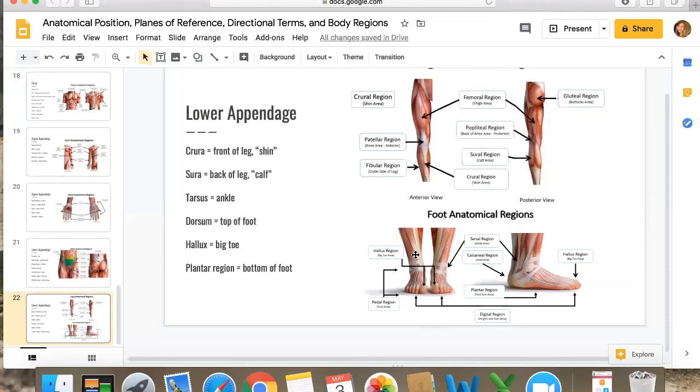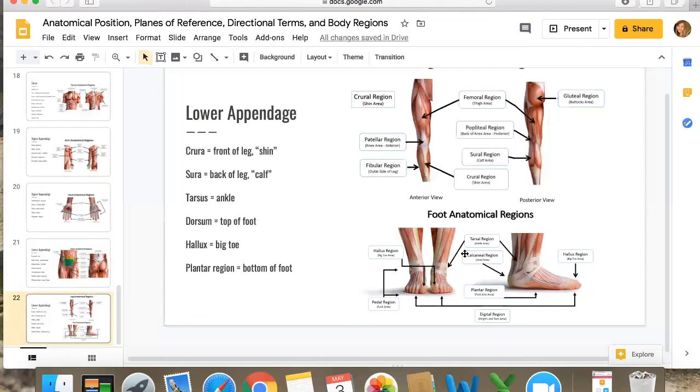Dorsum of the foot is the top of the foot here. Plantar surface of the foot is the bottom of the foot, right? So we have the top of the foot and the bottom of the foot. The hallux is the big toe, and the plantar region I mentioned was the bottom part of the foot.